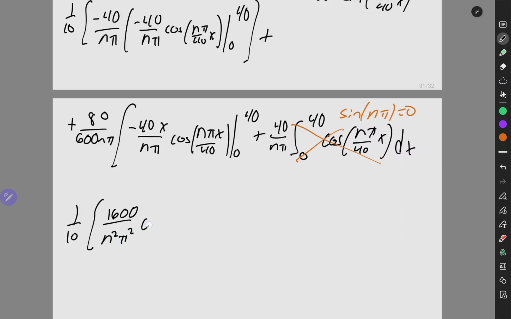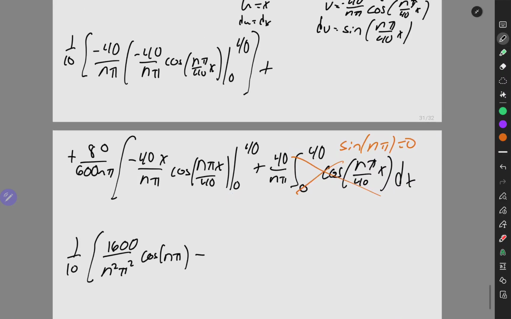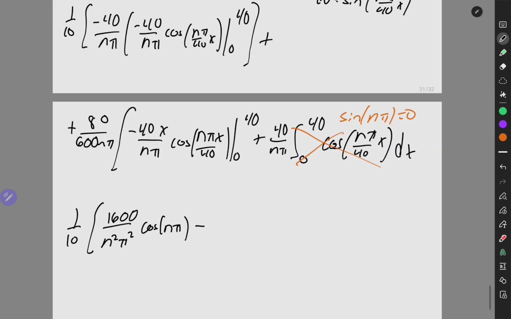Pi squared cosine of n pi minus, I'm thinking right now. Because cosine of 0 is 1, so that's still 1600. So that's minus 1600. Because it's a minus, and then the two minuses is plus, so it's minus.